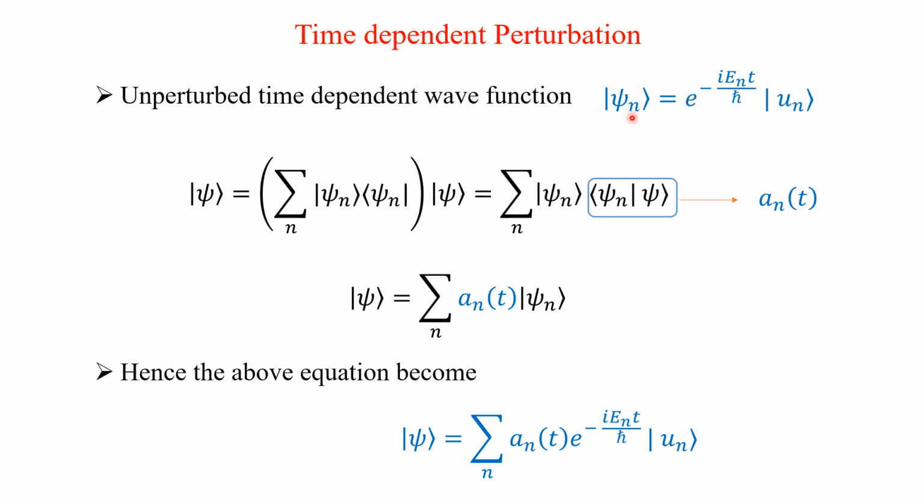We have taken ket psi n as exponential e power minus i E_n t over h cross multiplied by the ket u_n. So we got this total wave function in terms of the wave function psi n. That is, we have changed the basis, and psi n also we have separated into two parts, that is time dependent part and spatial dependent part.